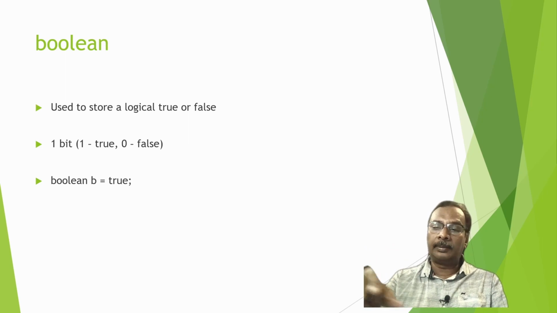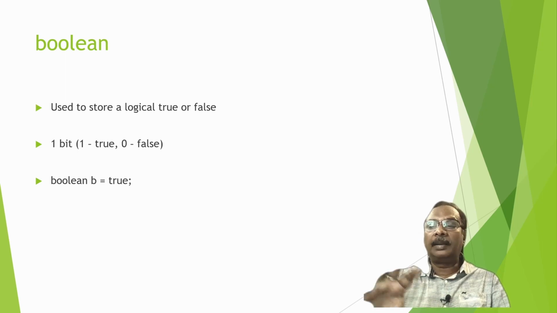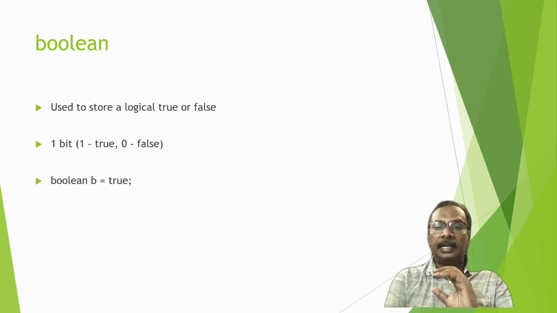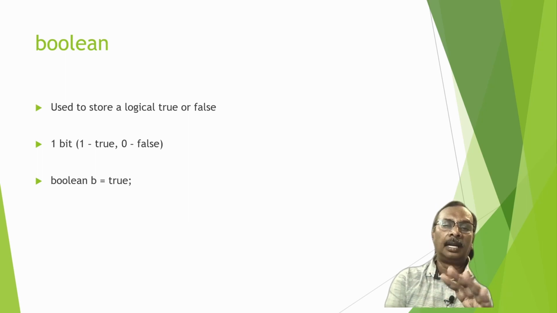Boolean algebra is basically the logical calculation for logical true or false, and, or and all that. He defined the mathematics for that, so you need not worry about that. So the type name is boolean, which is basically to store a true or a false, which is of size 1 bit. That's it.